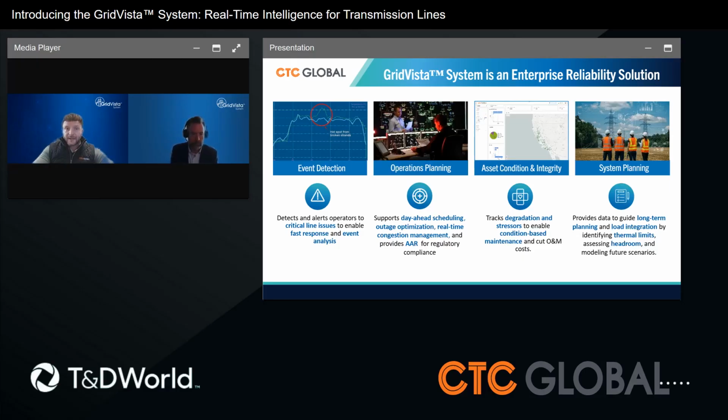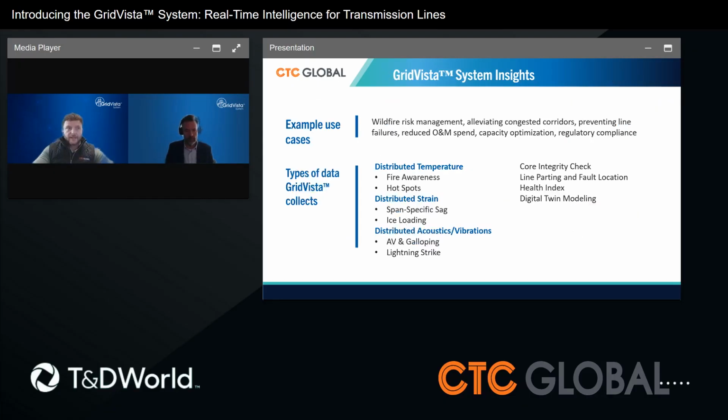And for system planning, it provides data to support long-term infrastructure planning and load integration decisions by identifying thermal constraints and evaluating headroom for new loads. This is not a collection of disconnected use cases. It's a single observed reality supporting operations, maintenance, and planning all simultaneously. Inference forces conservatism. Observation enables confidence.